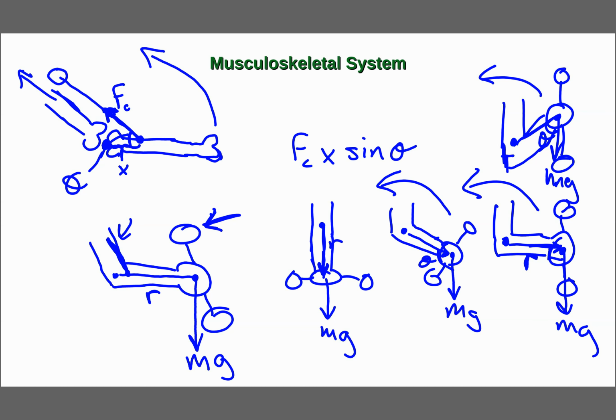So you can see that when my arm is vertical, the bicep doesn't have to do anything. And indeed, I can let a weight hang in my arms and let the bicep just rest, right? And then as I bend my arm, the bicep has to do more and more. And when I get to this point, where my lower arm is perpendicular to the ground, it's completely horizontal, that's the point at which the weight pulls the hardest on my arm, right? Because this R is a fixed length.